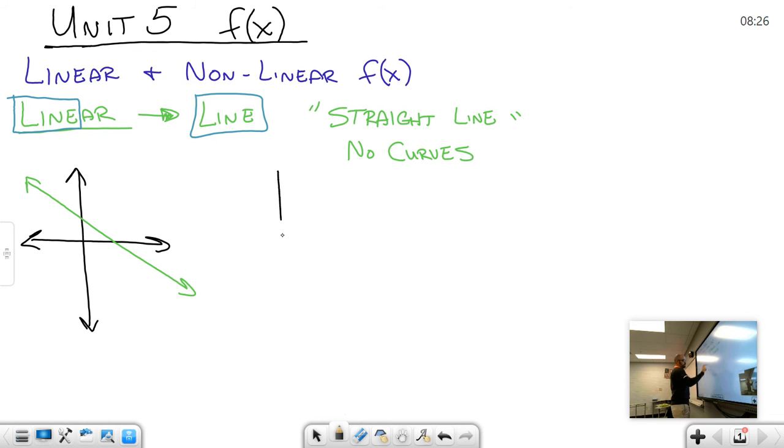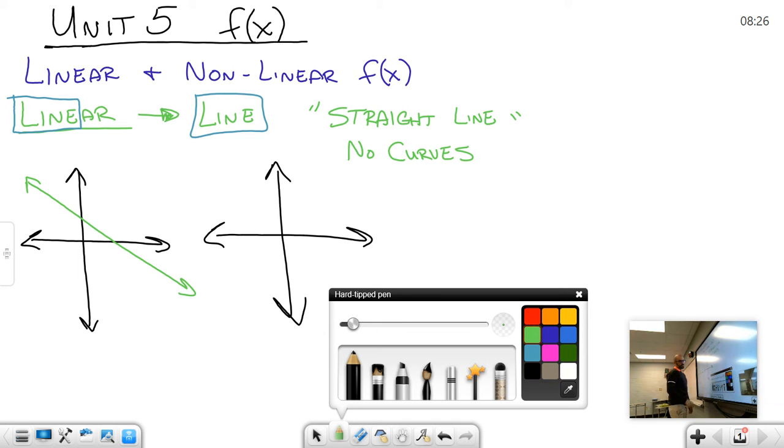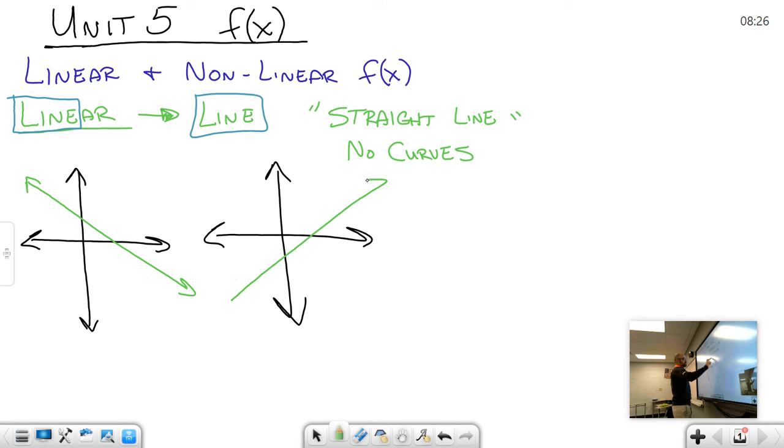Another example. It's a straight line. It's linear. You could also have vertical lines and horizontal lines. They're linear functions. They're straight lines. They don't have any curves to them. No curves.